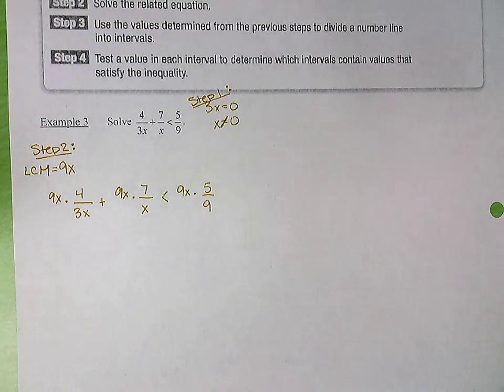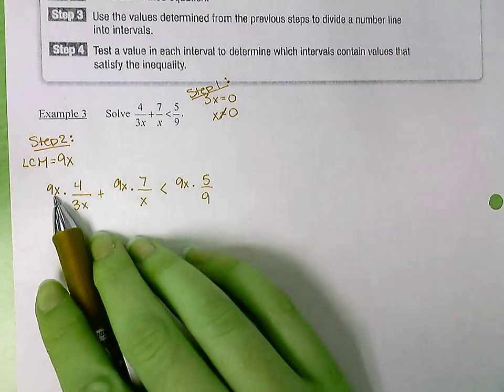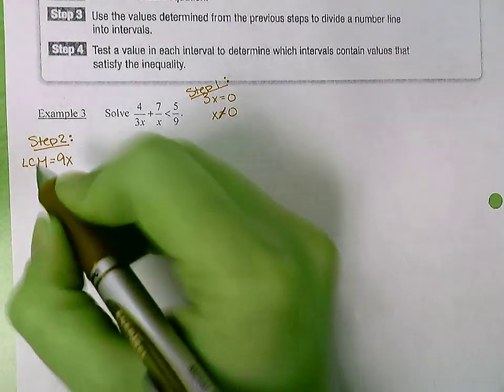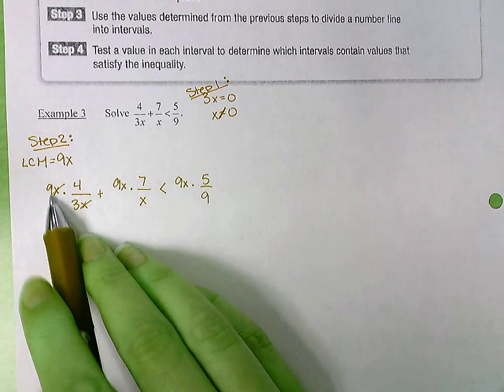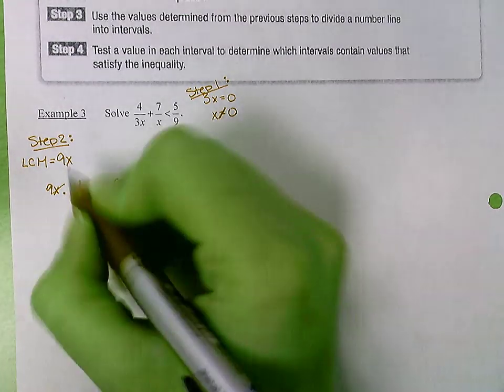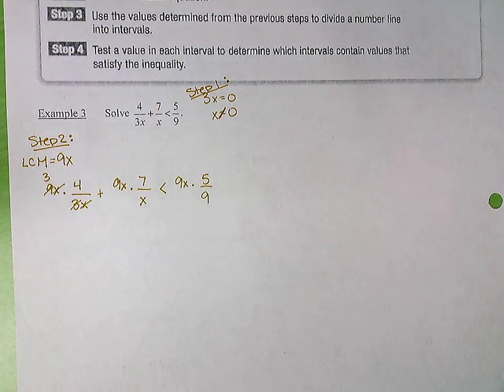Again, we want to multiply each of these terms by that so that your denominators cancel out. Okay, so looking to cancel things out here, I have 9x over 3x. Well, your x's will cancel, and then I still have 9 over 3. That'll turn into just 3.